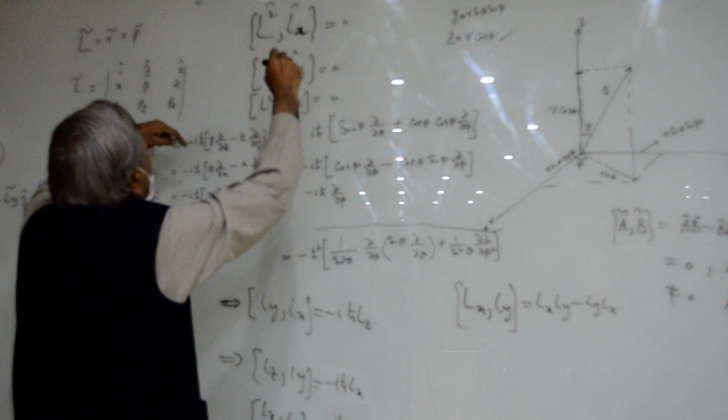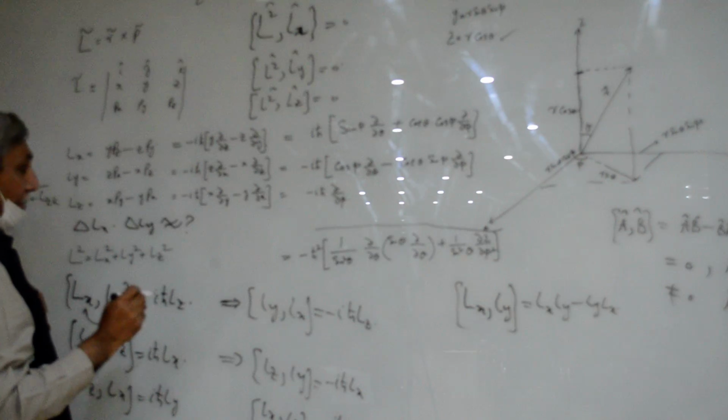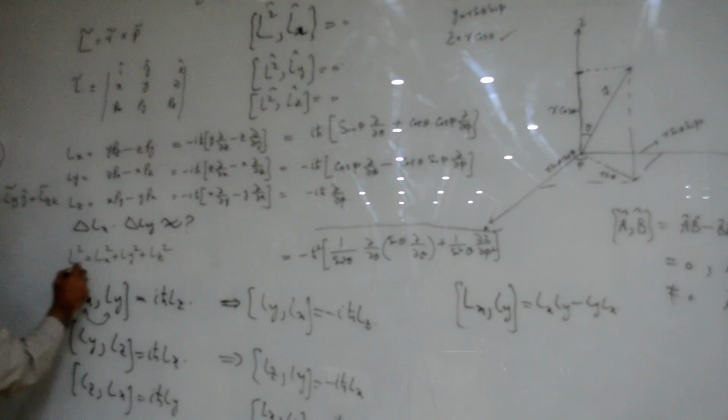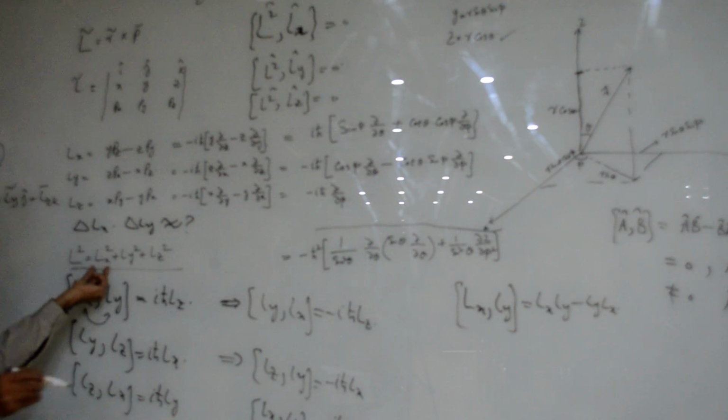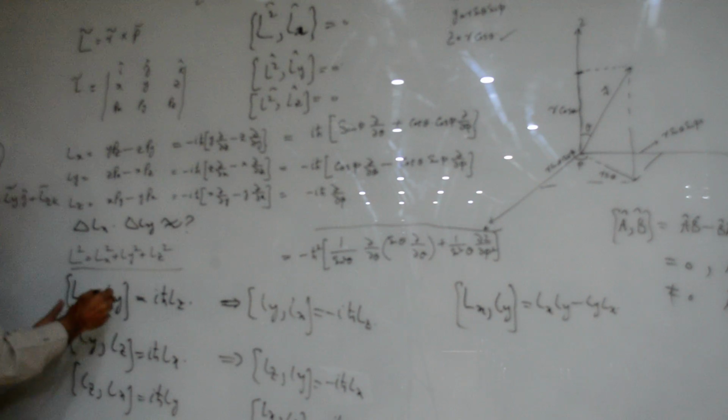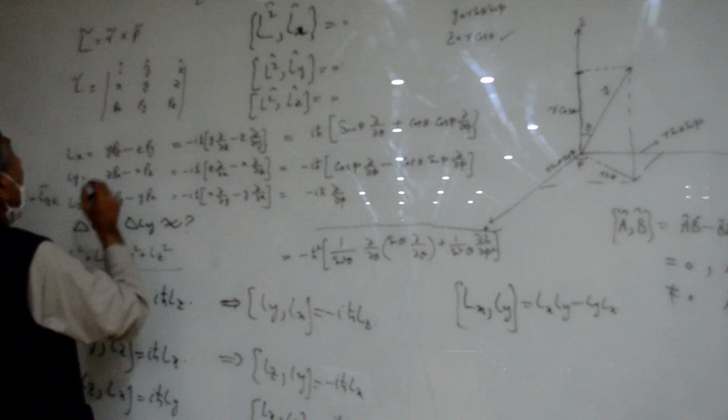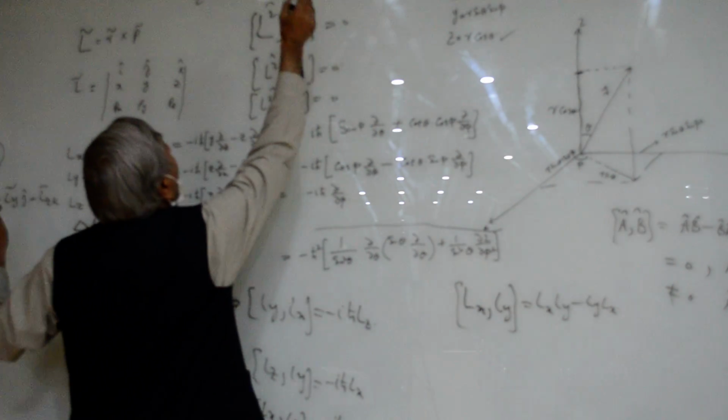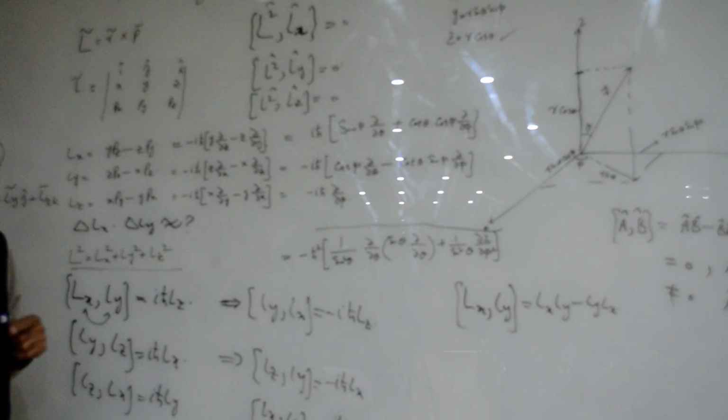It is the square of this, and L square is given by this expression, and you take one component, like here you took one component x, L square and Lx, then they commute. Very strange.